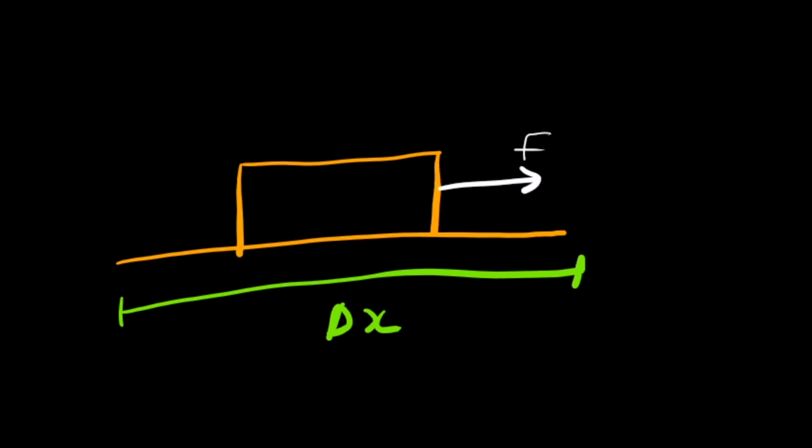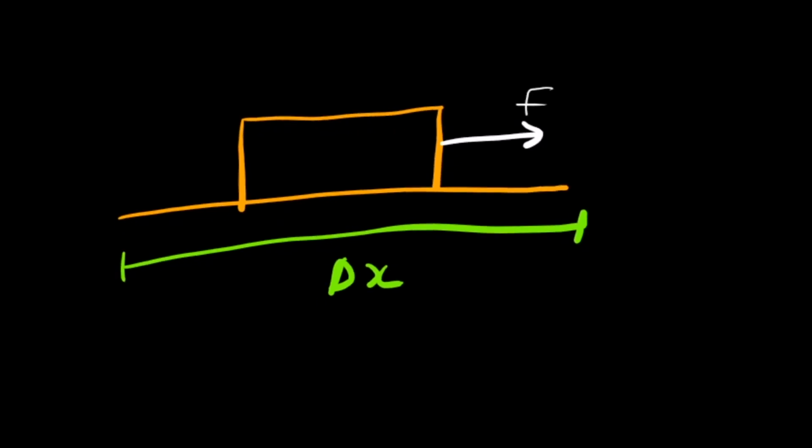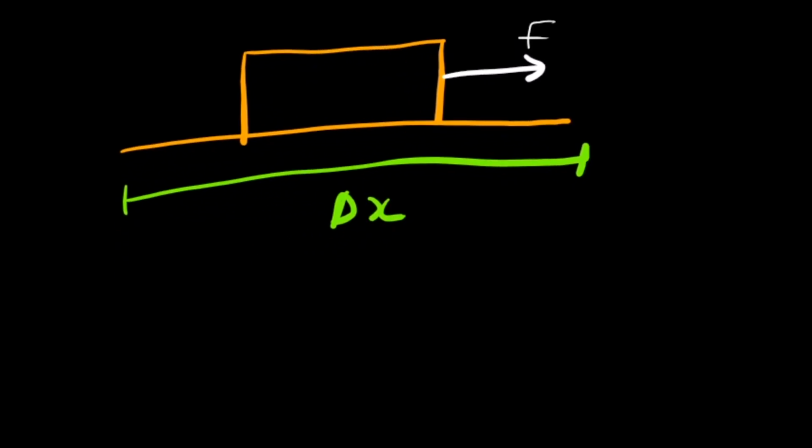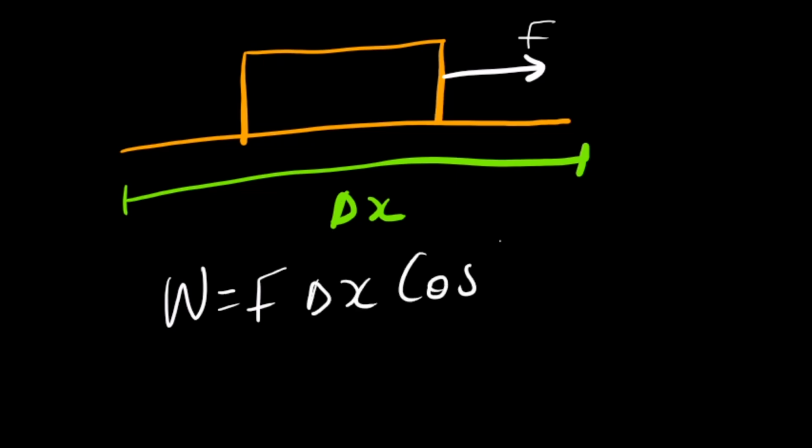This is our force. Now to calculate work, we need the displacement, since the equation is like this. In this case, for us to calculate the work done by the force on this object, we need the force, we need the displacement, and we need the angle between the force and the displacement.